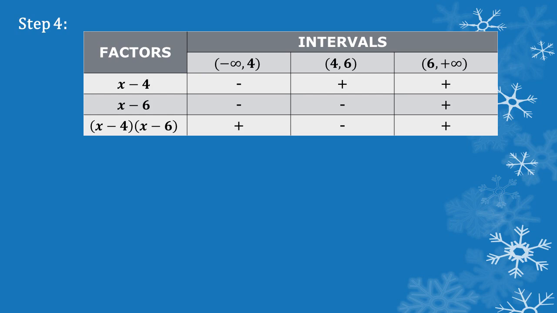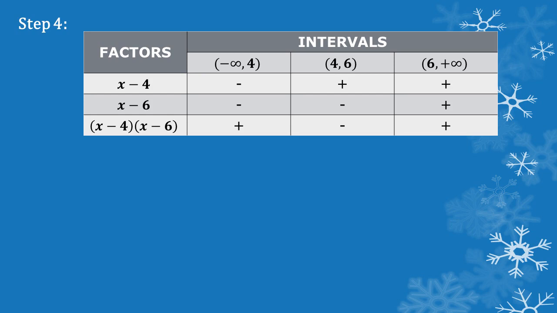And if we substitute it in x minus 6, we'll have negative. In the third interval, which is 6 and positive infinity, if we use 7 as the test point in x minus 4, we'll have positive. And if we use it in x minus 6, we'll have positive.